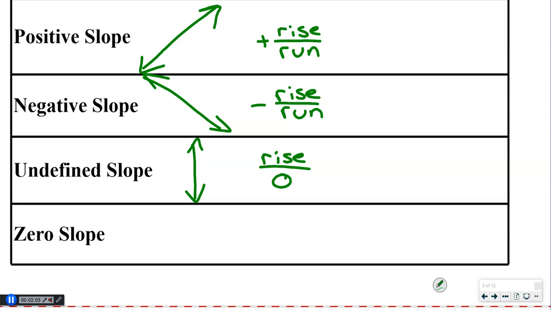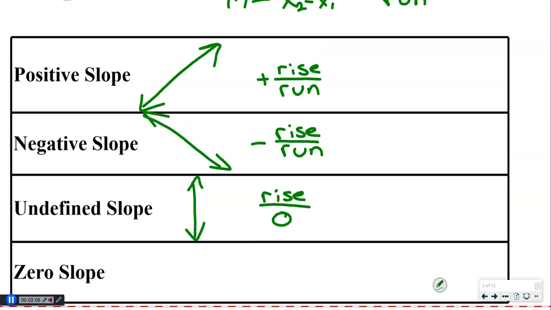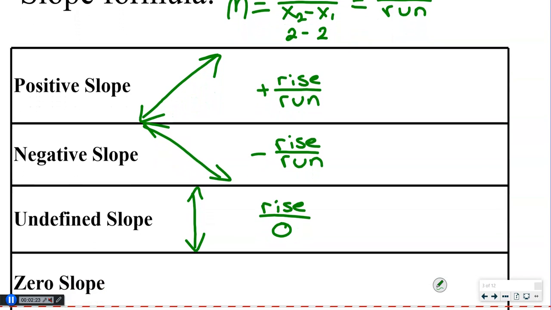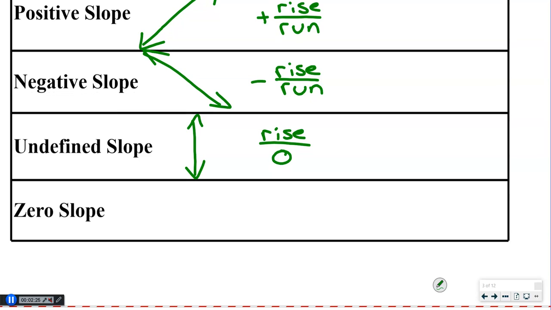So in our slope formula, looking back at the top here, if our 2 points for x were 2 and 2, we would have to do 2 minus 2. That would give us 0. So if we ended up with 0 for our run, our slope is going to be undefined. It's going to be a vertical line.